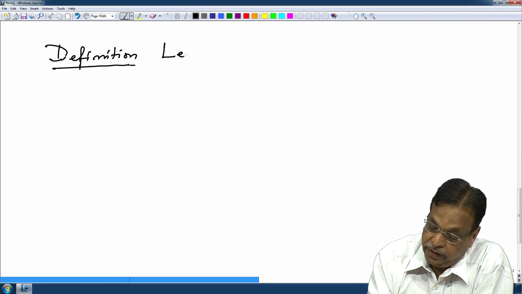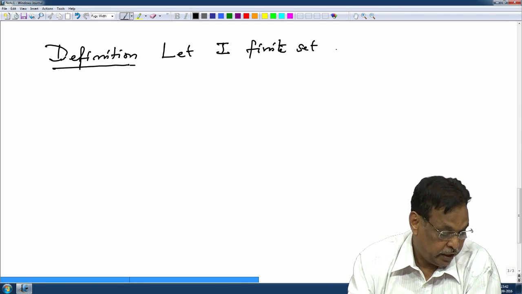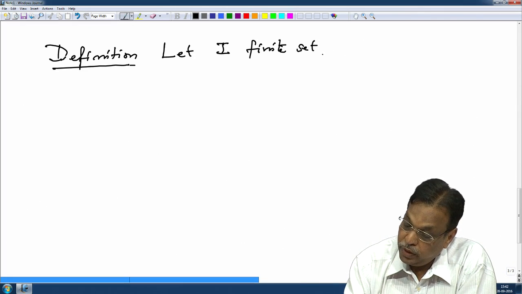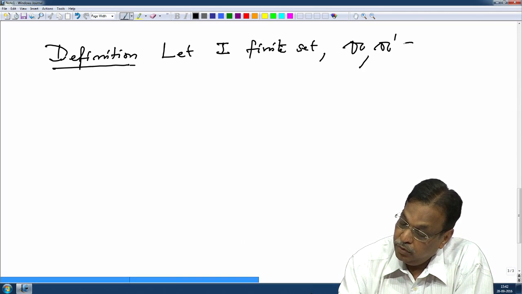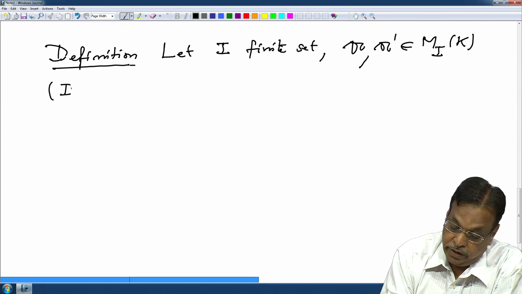So let I be a finite set, and then we are looking at two square matrices, A and A prime, belonging to M_I(K). These are also called I square matrices.